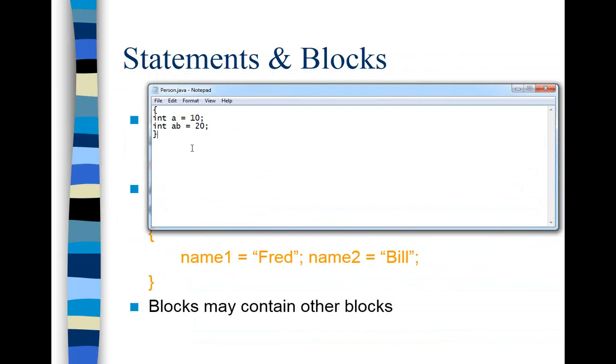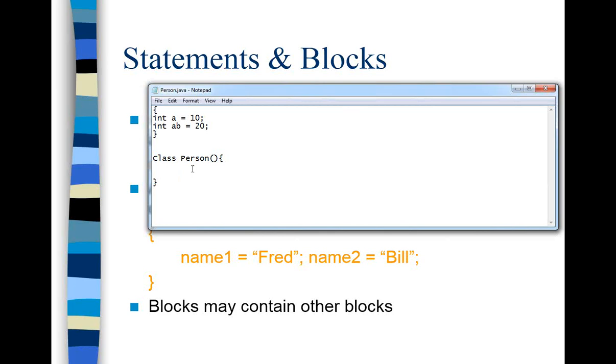Now this block helps you when you write things like class. For example, you write class person. So it says that everything that is going to come inside this curly brace is part of this class. So it's like a logical understanding purpose, that all the code written between these are part of the person.